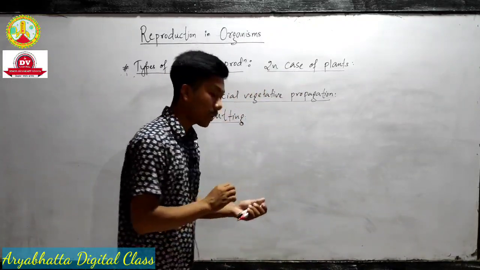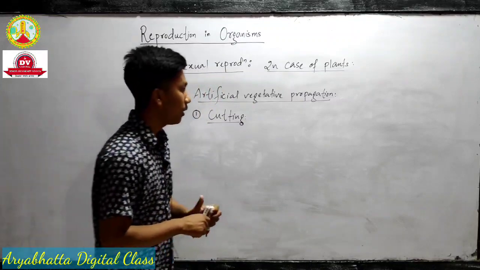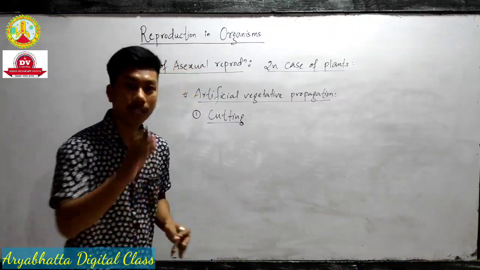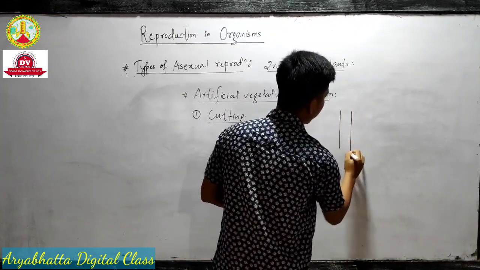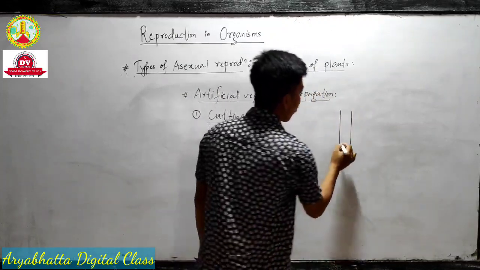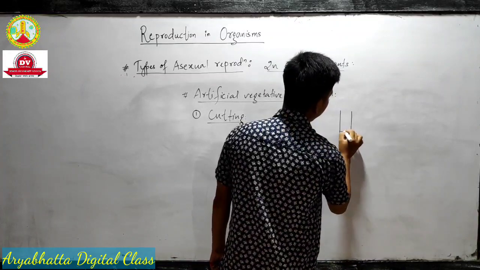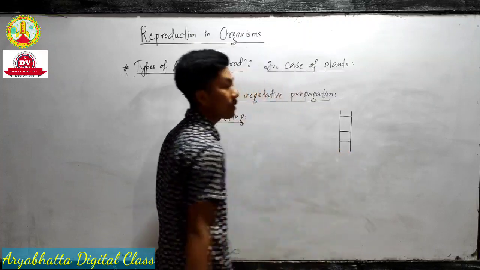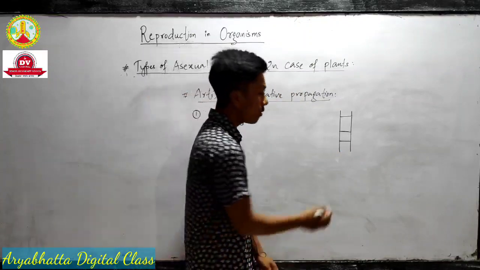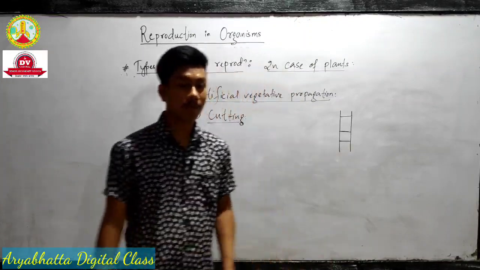Very simple. In cutting, we take the stem part of the plant body, and we know the stem has nodes and internodes. Remember nodes?